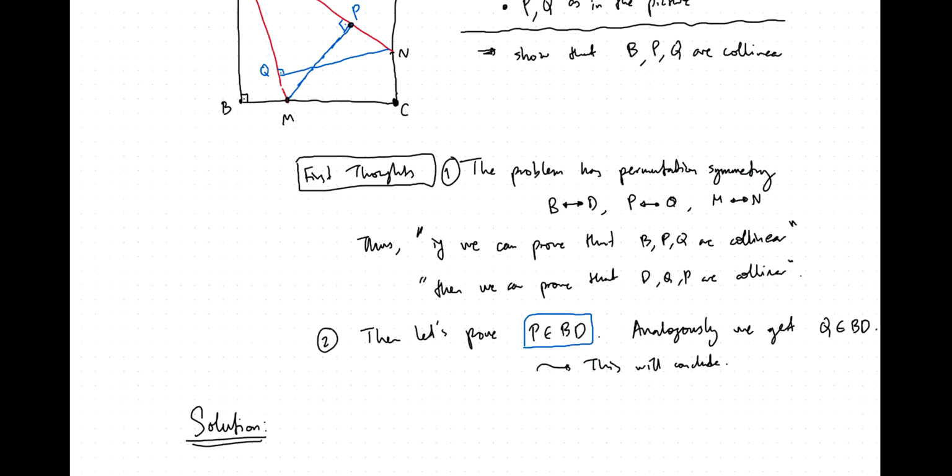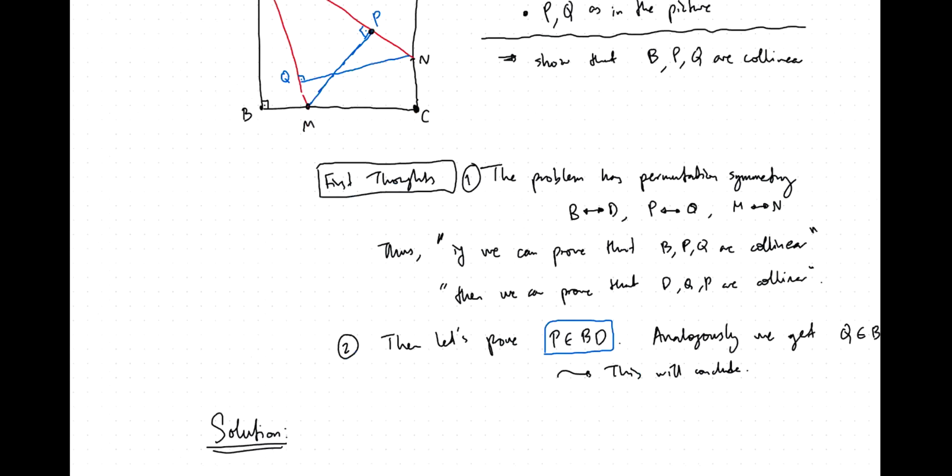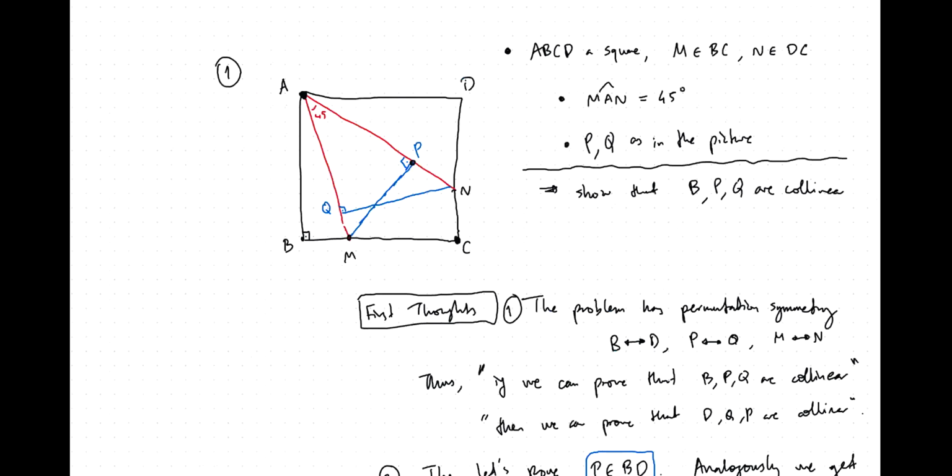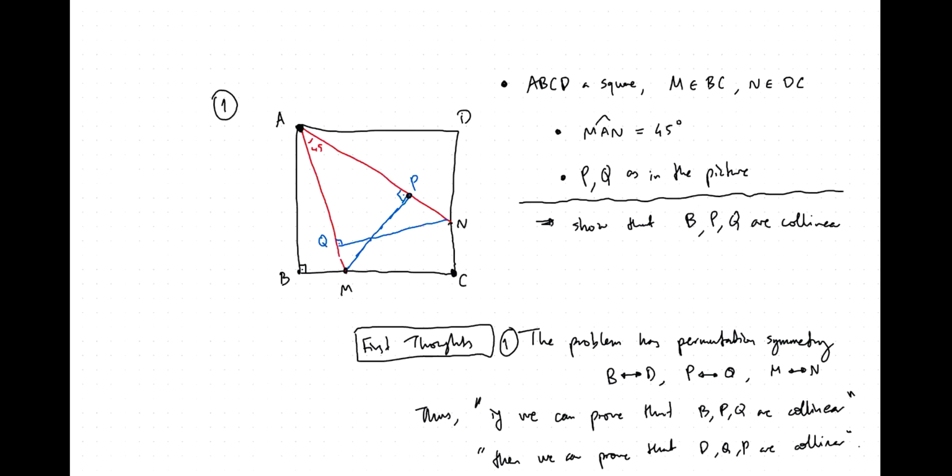So for this solution, what we see is that this 90 degrees and the 90 degrees here shows that A, P, and B are cyclic with diameter AM. The circle with diameter AM passes through P and B, which means the angle PBM equals angle PAM. So 45 degrees.